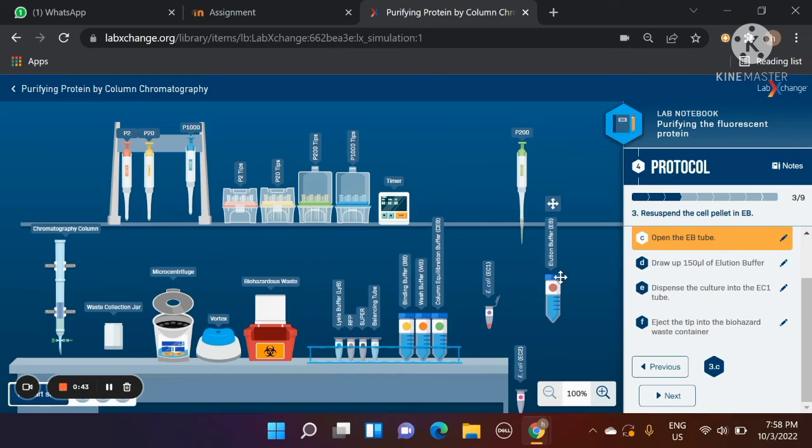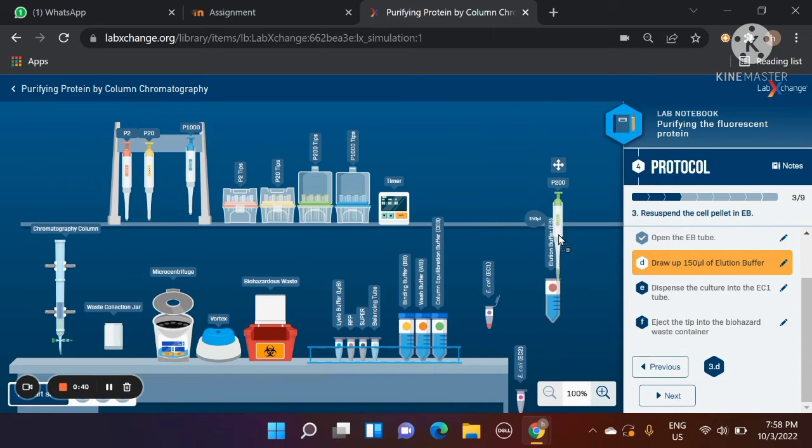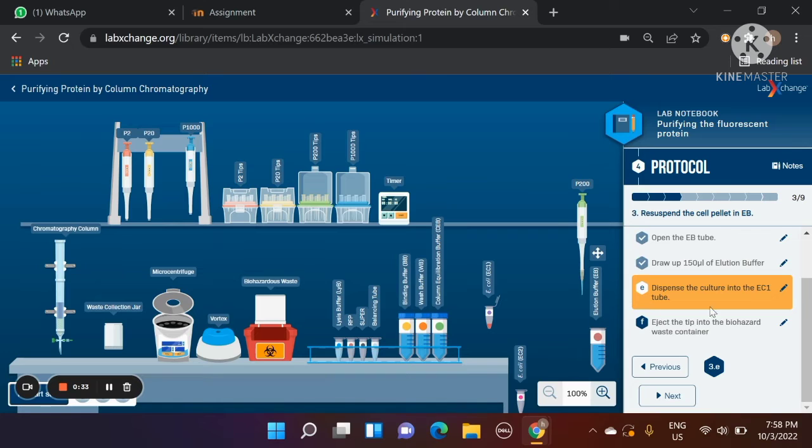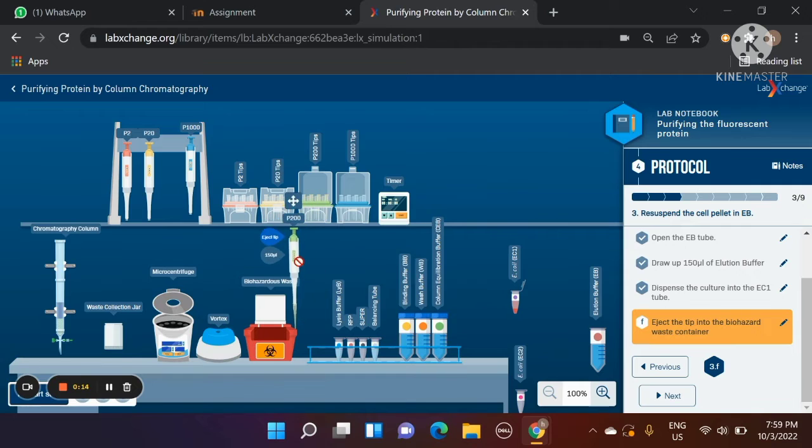Open the EB tube and draw 150 microliters. So we already got the amount. Then dispense it into the EC1 culture. Then eject the tip into the biohazard waste container.